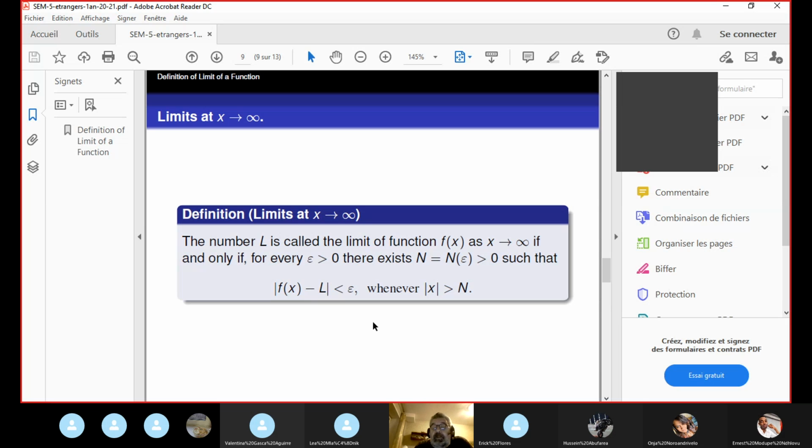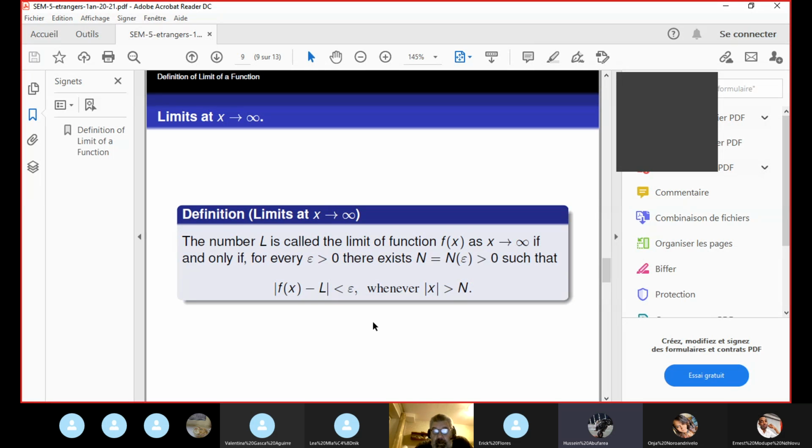Because x can go to minus infinity also. You see here in this definition we have no sign of infinity, plus or minus infinity in general. Is it clear?